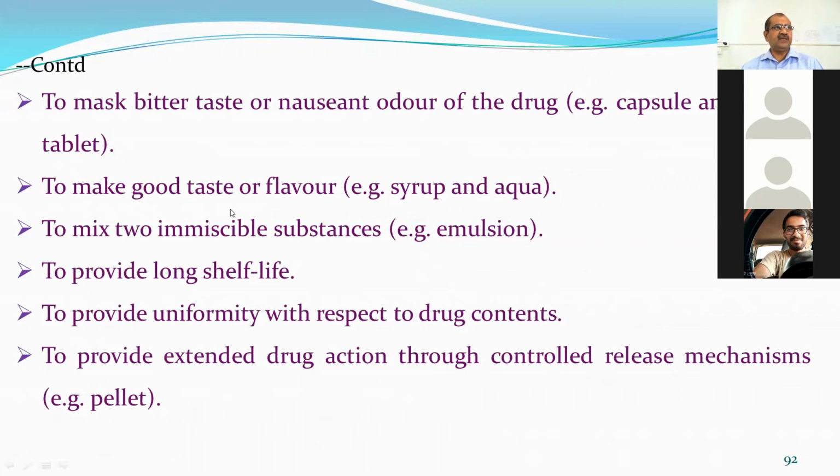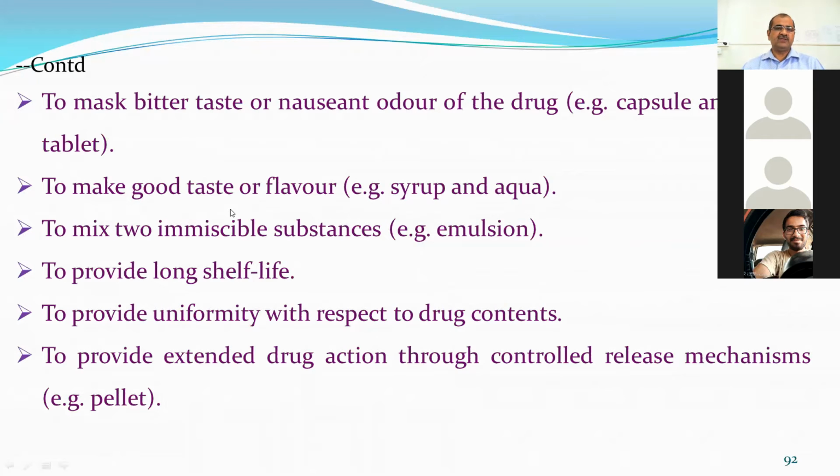There are two types of drug forms which cannot be mixed easily, so they are mixed into an emulsion, and to provide long shelf life. Suppose the drug has an expiry period, this can be extended by using certain materials.